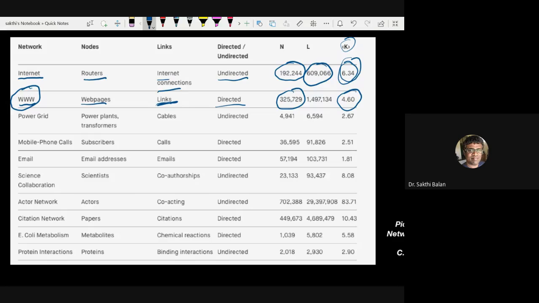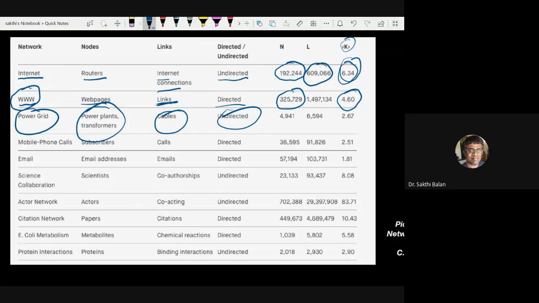Likewise, if I'm considering the power grids, we looked at the power grids as one of the case studies when we looked at the electricity failure in the eastern part of US and Canada, right? In that network, the nodes are the power plants or the transformers, and the links are the cables between them, and it is undirected because there is no direction.